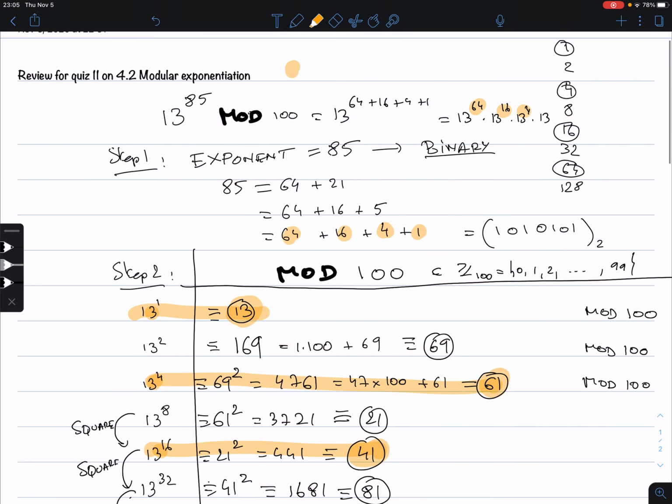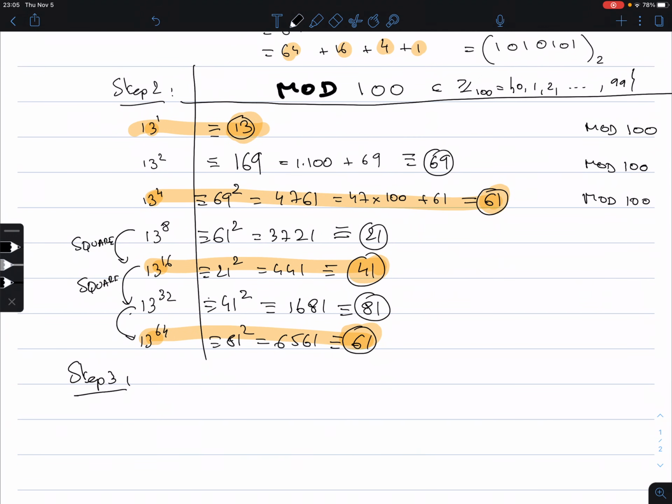I remind you, this is where this comes from. So the answer, modulo 100, is going to be that 13, then 61, then 41, and then 61. 13 times 41 times 61 times 41 times 61. The order in which I write is not important, but I just don't want to lose something.